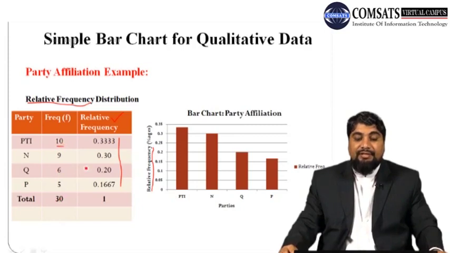As far as the first political party is concerned, the relative frequency is 10 out of 30, and remember that relative frequency is calculated by dividing this number 10 by the total.